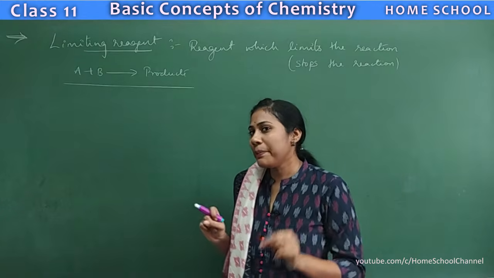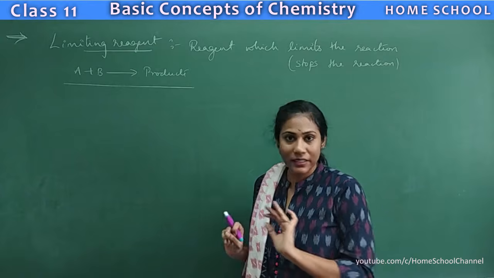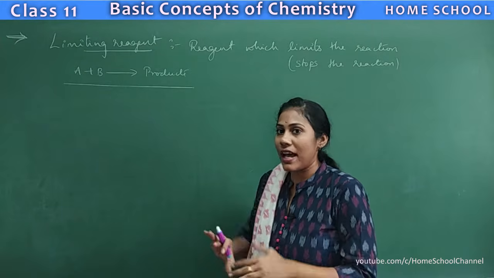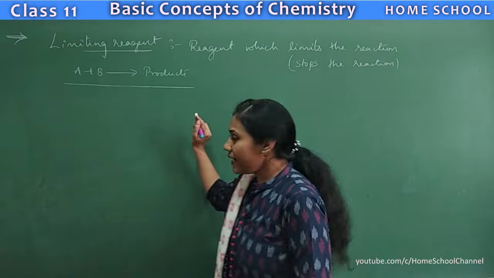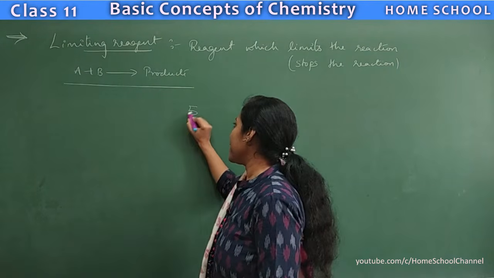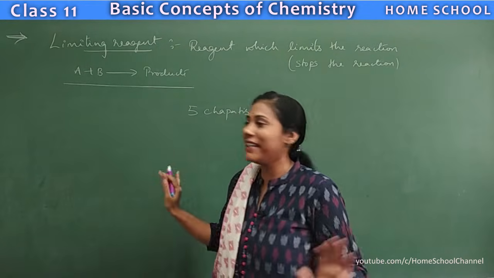See guys, this concept I'll make you understand with a better real life example. Try to understand the example first. After that, automatically you will understand about limiting reagent. See, I have to make 5 chapatis for lunch or dinner.